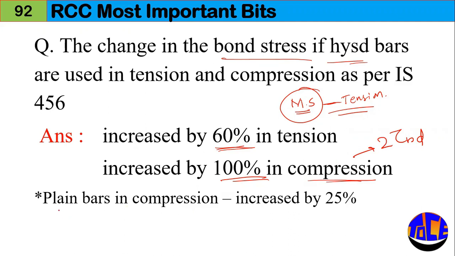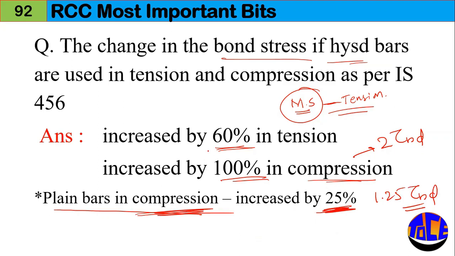If plain bars, that is mild steel bars, are used in compression, since IS 456 provides values for plain bars in tension, it will be increased by 25%. That means 1.25 into tau BD.